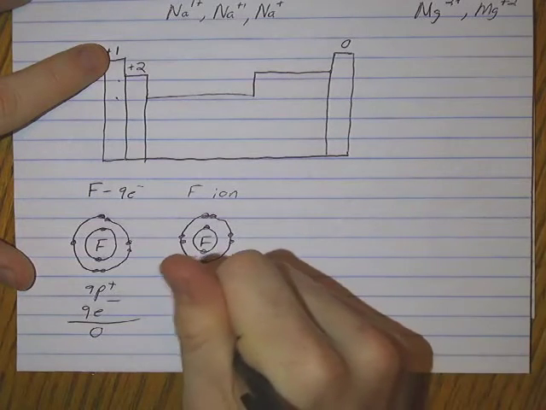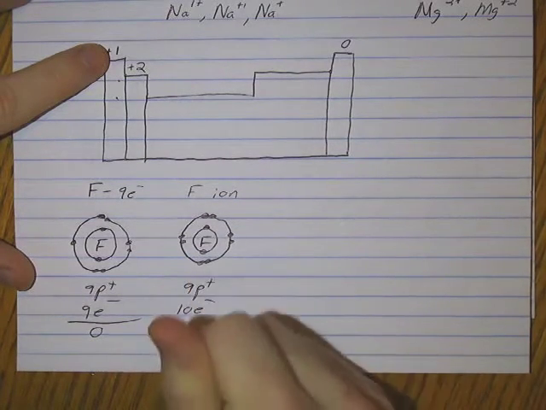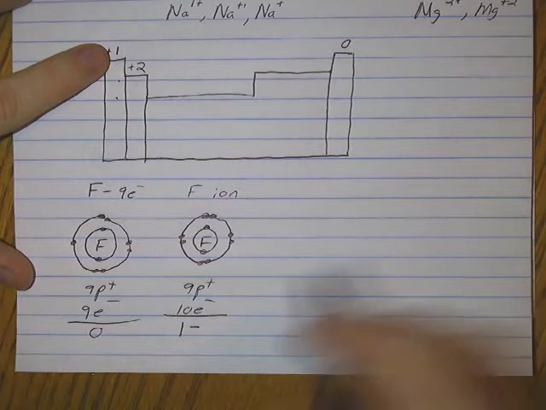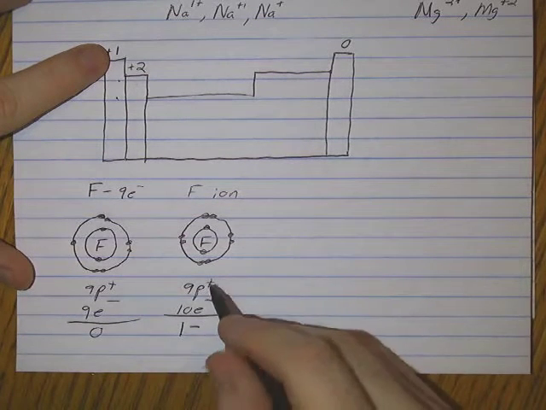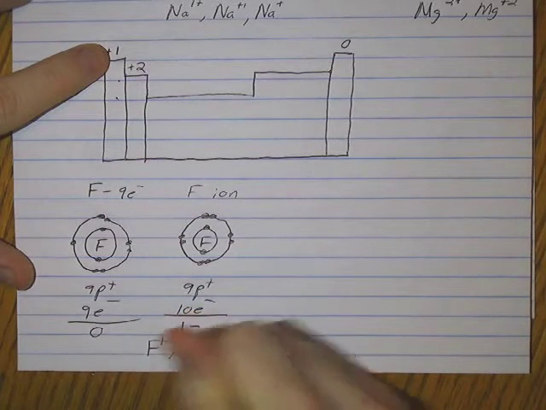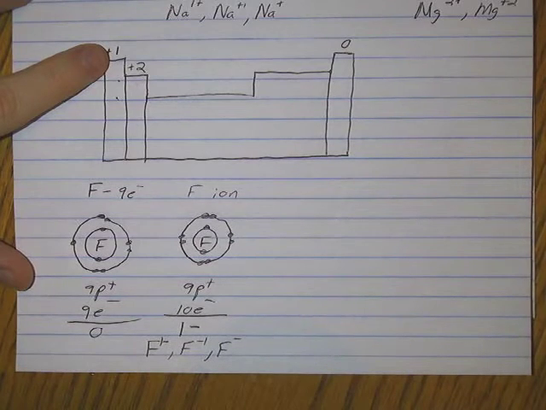Okay. So we're dealing with 9 protons still because it's fluorine, but this time we're dealing with 10 electrons. And the difference is 1, but this time it's negatively charged, okay, because you got more electrons than protons. So you can write this as F1 minus, you can write this as F minus 1, or you can just simply write it as F minus.